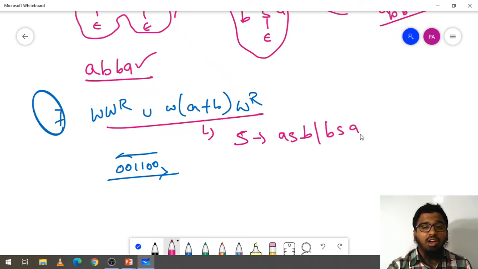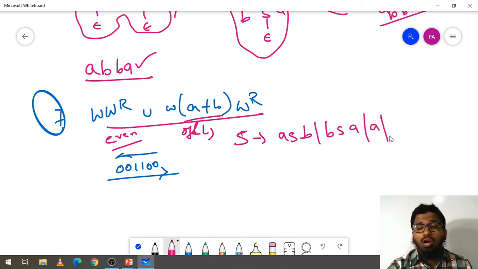But here this one is even, and if you want the odd, then you must add the plus. So you can add any one of these, A or B. Okay, or if you want an equal number of A's and B's, you must add the epsilon.